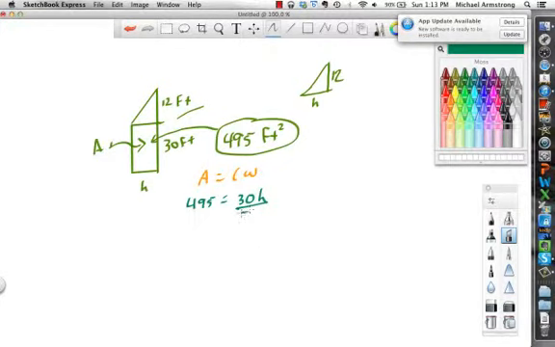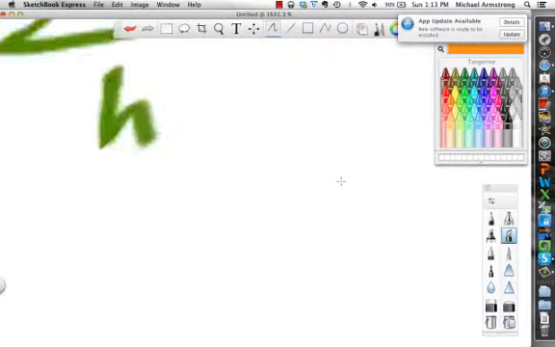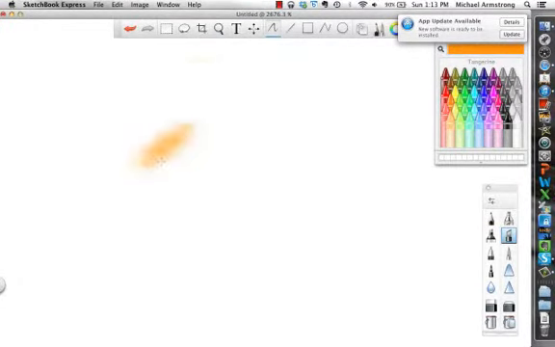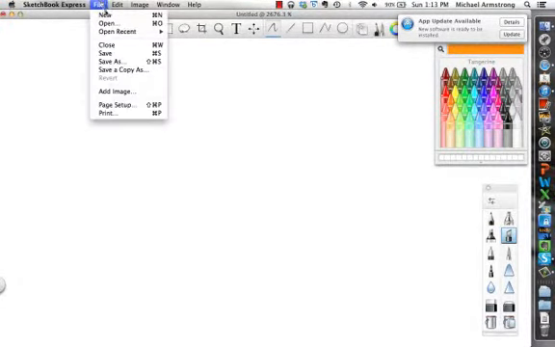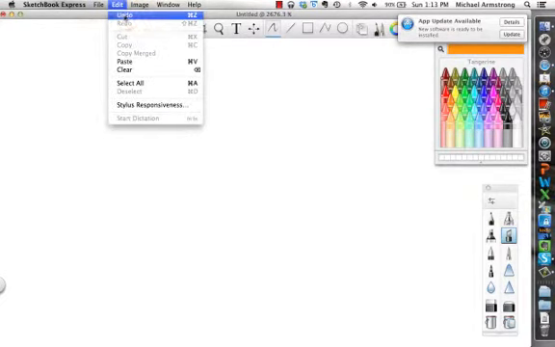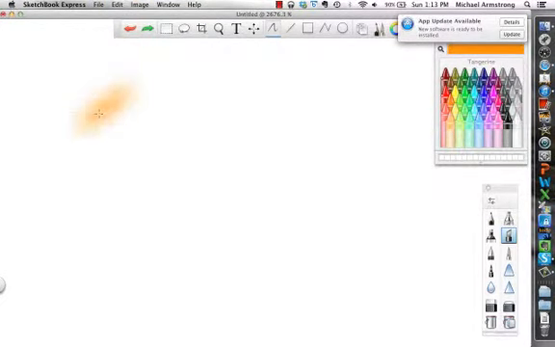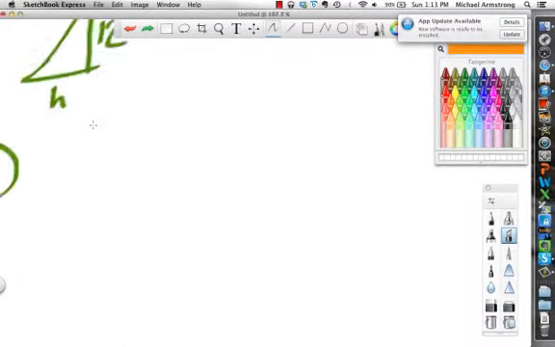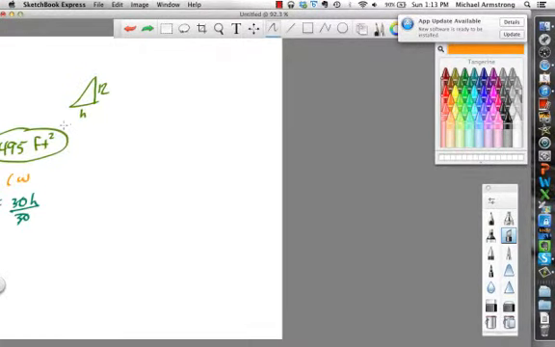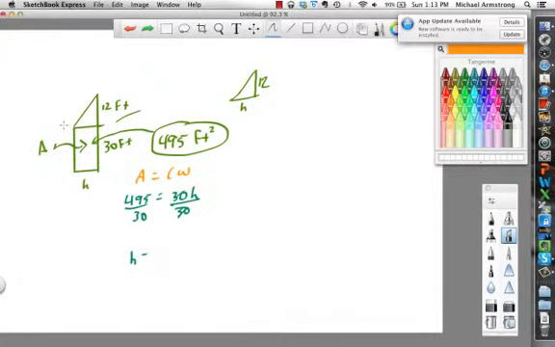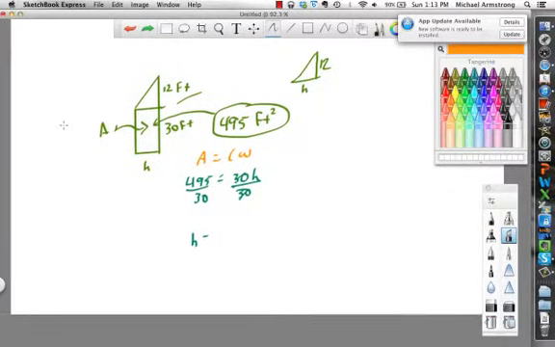Then we'll divide both sides by 30. Okay, and so the h is equal to whatever 495 divided by 30 is. Ooh, can I undo that? And undo. Nope, I can't. All I can do is somehow I made it giant. There we go. But now it doesn't fit in the window.